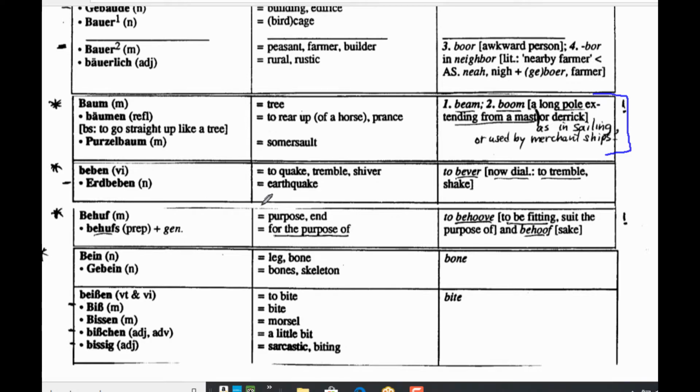Behoof, actually, not a very common word. I don't know why I marked this, but this is the second to last. Bein, bone, very close to bone etymologically. And then beißen, a very common word, to bite into something. Is that pretty close to our English word? I believe that it's fairly close. But again, another example of my goofy mind working is thinking about don't let the bison bite you.